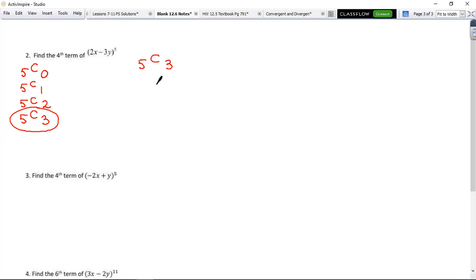So you're going to take your first expression here, so the 2x, just that part. And the rule is I'm going to raise it to the front number minus the back. Just like what you did on the other side, these powers have to add to 5. So currently, this is just going to be a 2. So my next expression here, the negative 3y, is essentially raised to 5 minus that answer.